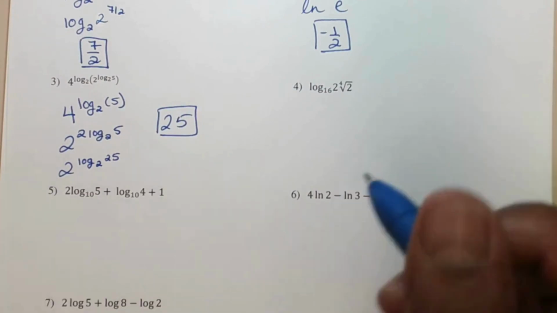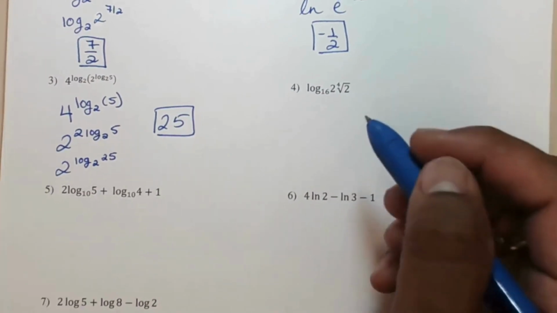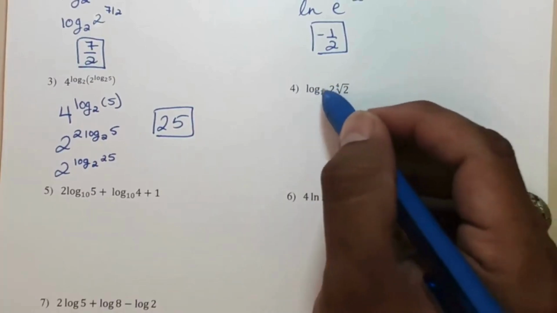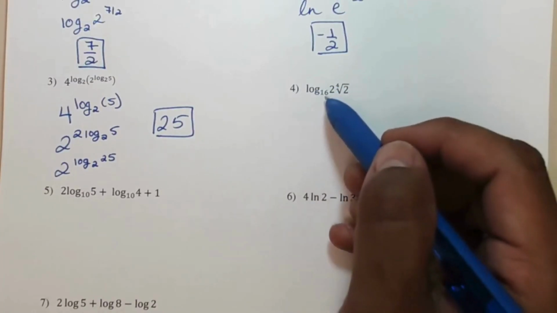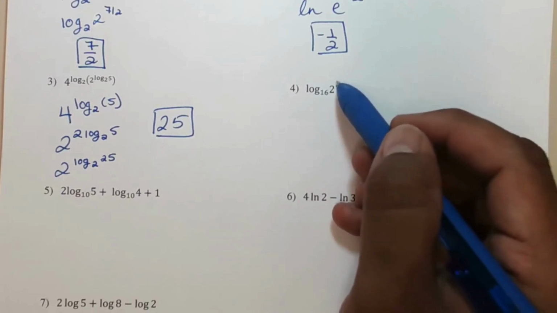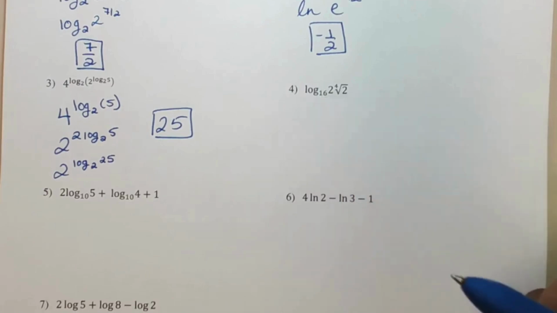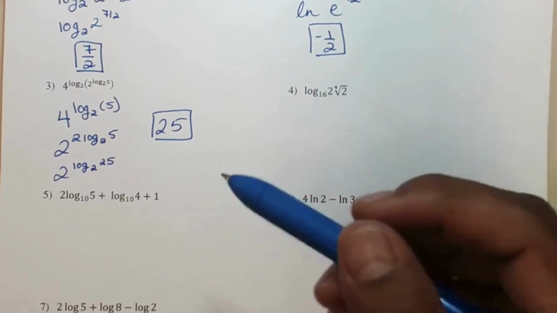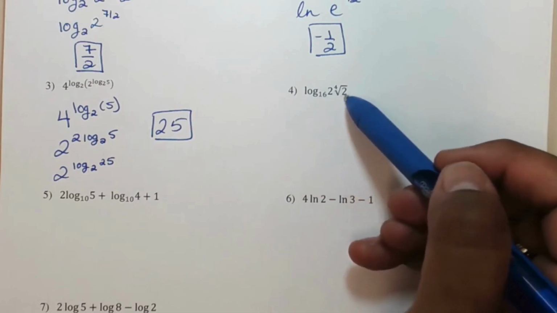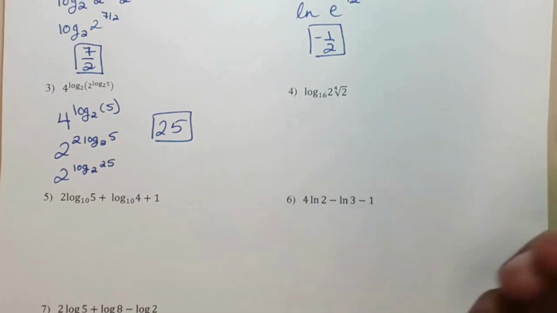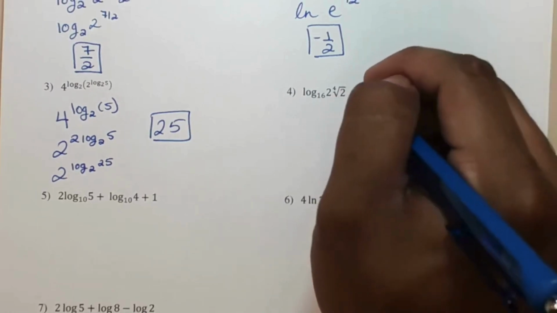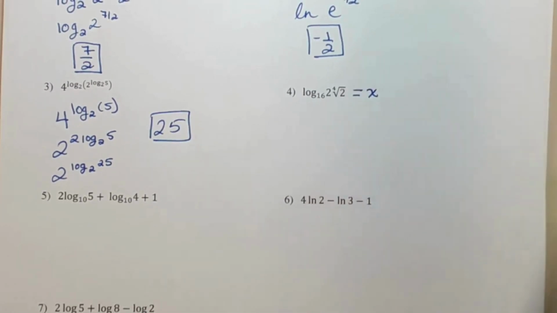All right, so for this next problem, to be able to simplify this easily, this number on the inside is base 2, but the base of our log is base 16. So there's no way of changing this base or changing what's in here to base 16. So what I'm going to do is set this equal to x.